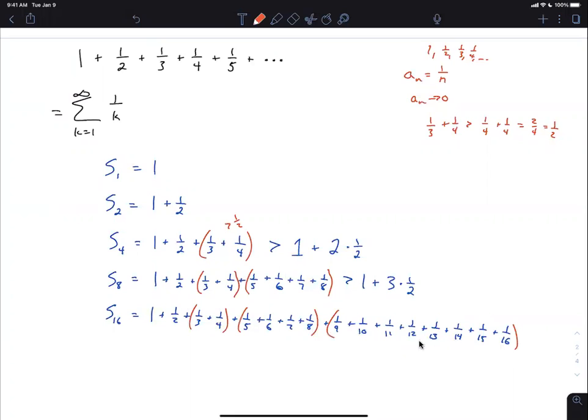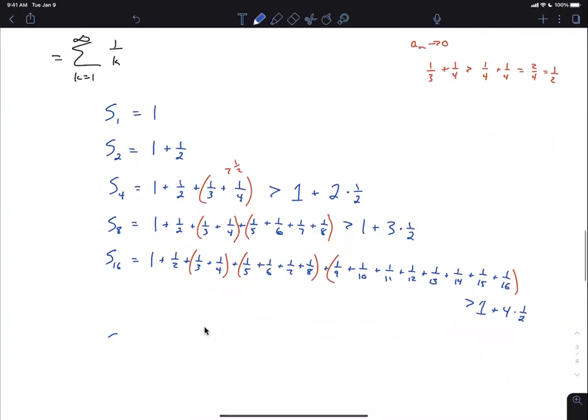Smallest of all these in parentheses at the end, what is that? 1/16. How many are in this parentheses? How many fractions are there? 8. 8 of them. So it's bigger than 8/16, which is bigger than a half. So this one's bigger than 1 plus 4 times a half. So everybody see that?